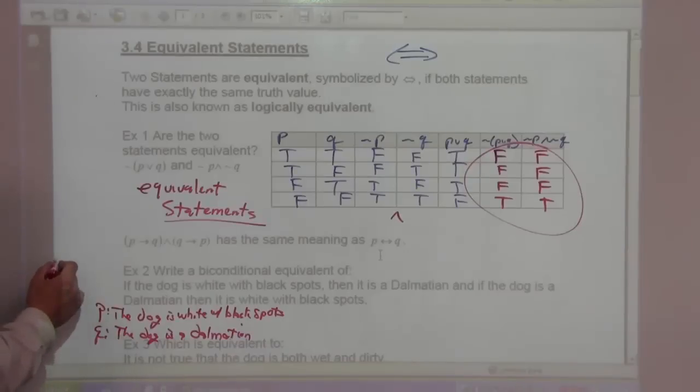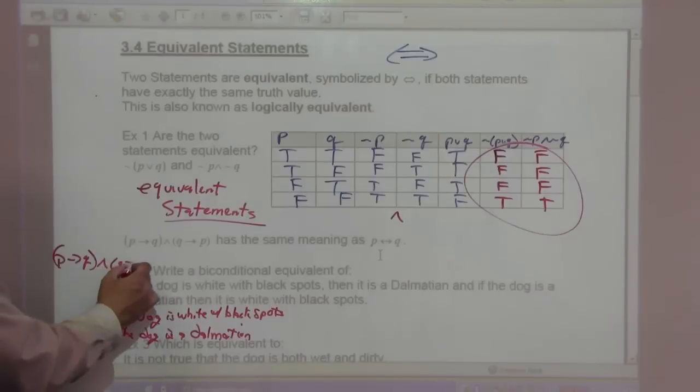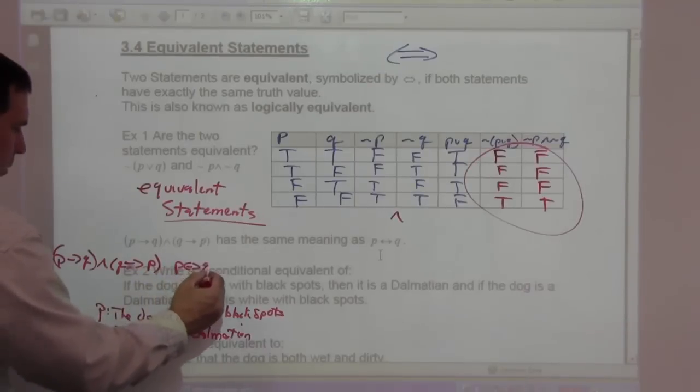So what we see here is if P then Q and if Q then P. So this would just become P if and only if Q.